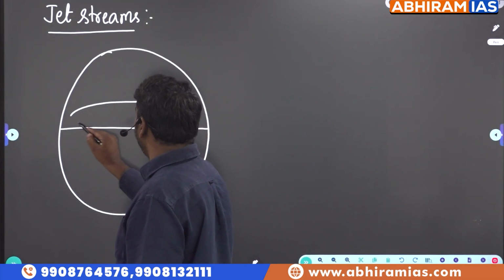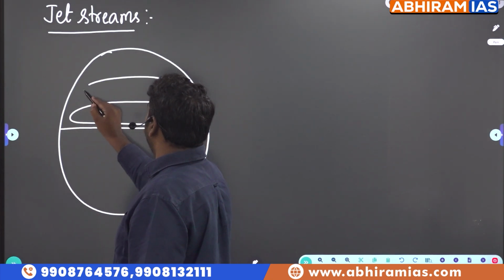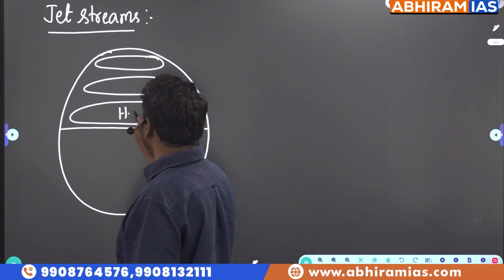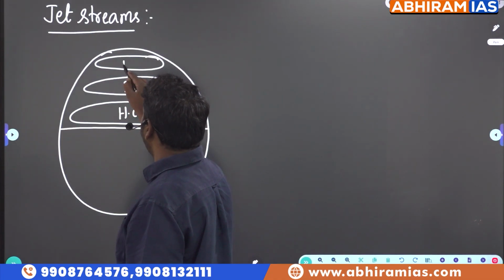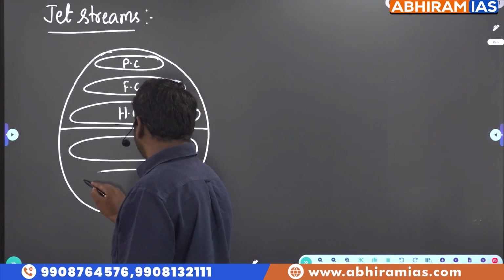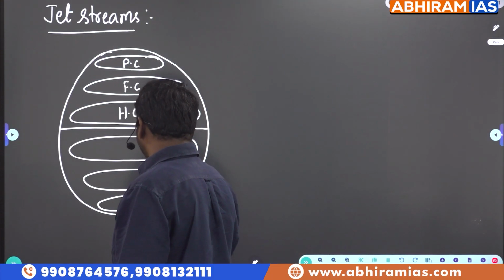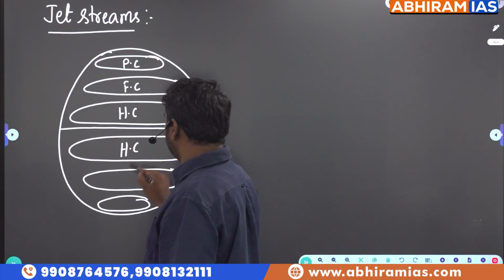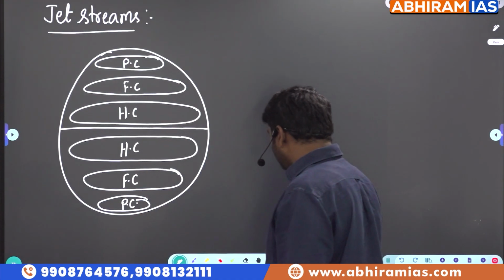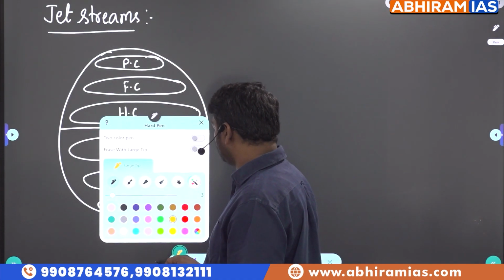This normally it is believed. How many cells will you have? Hadley cell, Ferrel cell, polar cell. Now, see here.